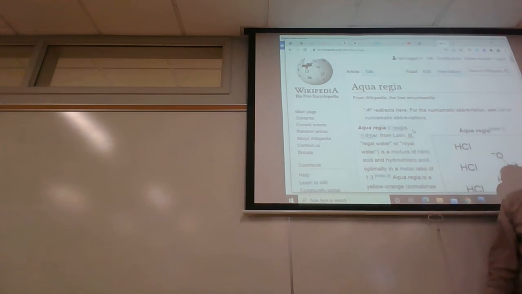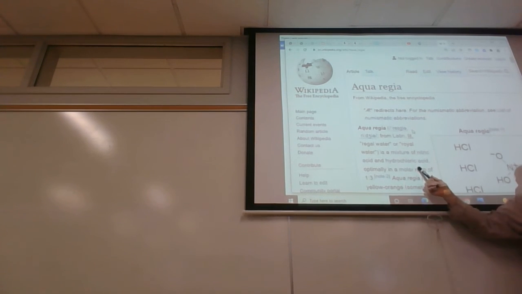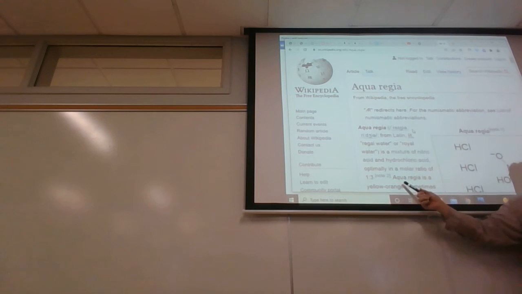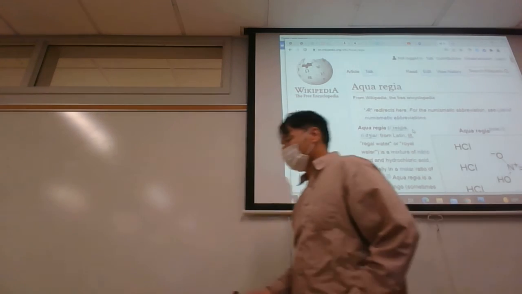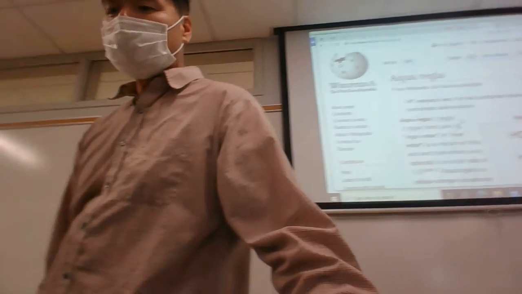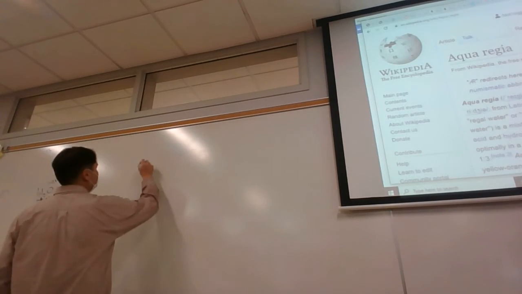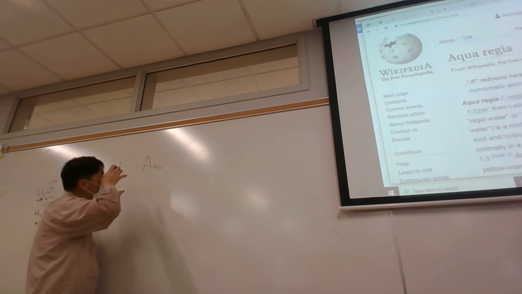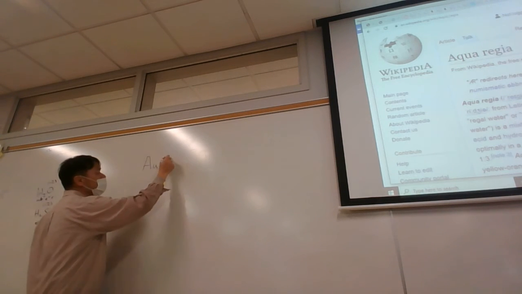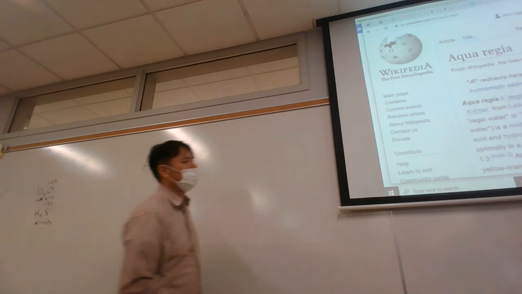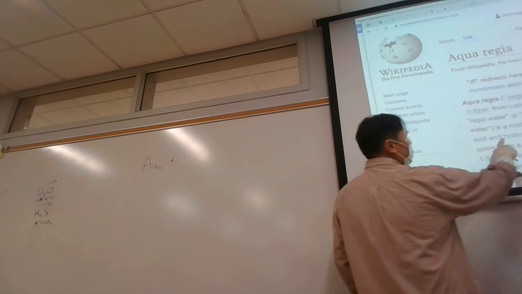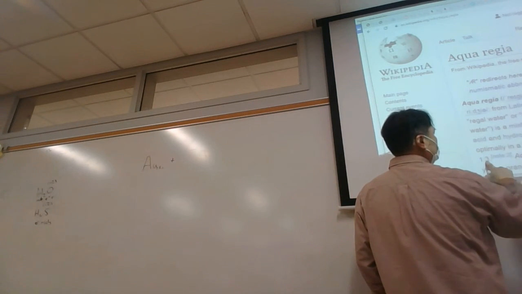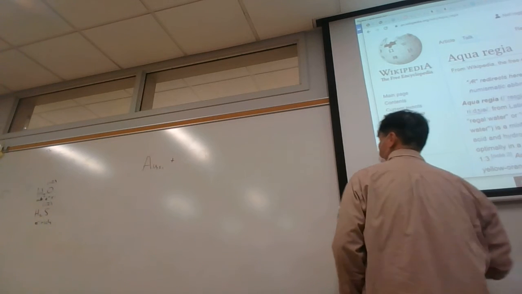And so aqua regia is a mixture of nitric acid and hydrochloric acid in a 1-to-3 mixture. And so how does aqua regia work? Let's take a look at the chemistry of aqua regia. So let's have some solid gold metal. And what we're going to do is take our aqua regia, which is going to consist of 1 part nitric acid, 3 parts hydrochloric acid.